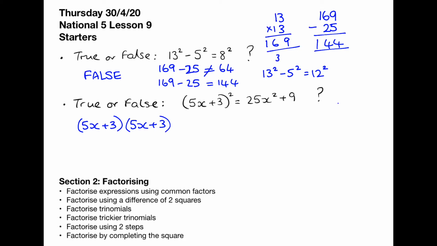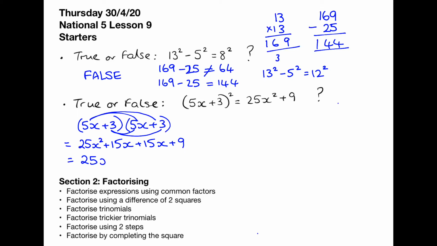So when we work that out, whatever method we're using, we're going to get 5x times 5x, there's your 25x squared. 5x times 3 is positive 15x. Then we've got 3 times 5x is another positive 15x. And then 3 times 3 is 9. So collecting like terms, we've got, oh, remember I missed the squared there. I said it and missed it.